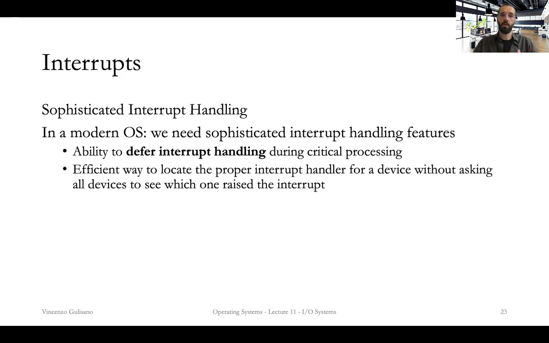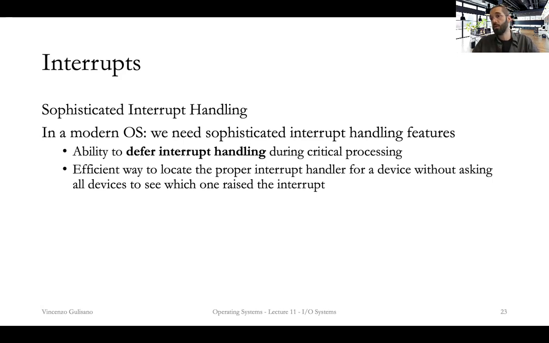Okay, and of course, you also need an efficient way to locate the code that is defined by the operating system to handle each interrupt rapidly. Because of course, you always want to minimize the time you spend doing all this extra work to handle the interrupts, because those are cycles of your CPU that you're not using to run a process, but you are using to basically coordinate the processes running the operating system and so on.